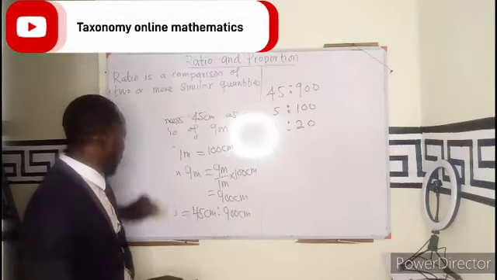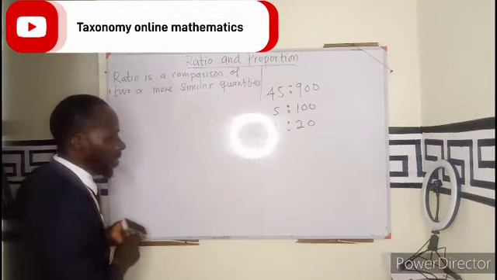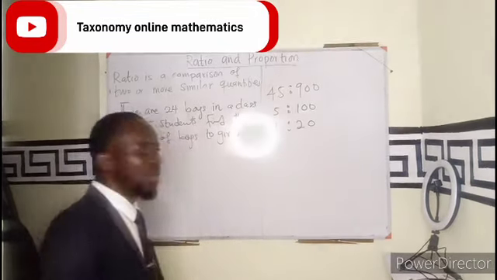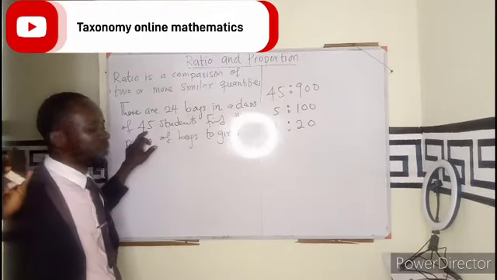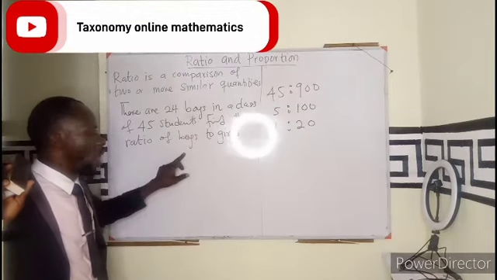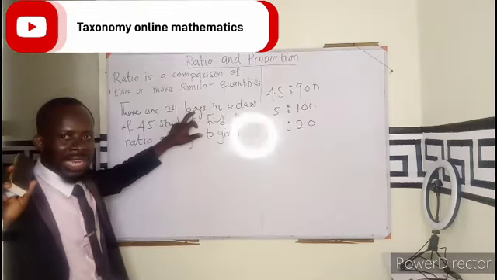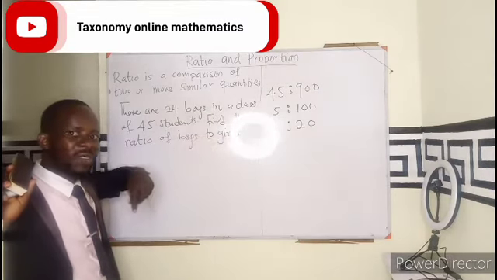Alright, now let's say we have a question like this. There are 24 boys in a class of 45 students. We have to find the ratio of boys to girls. Boys has been mentioned and the value is given to us. Girls has been mentioned but the value is not given to us.